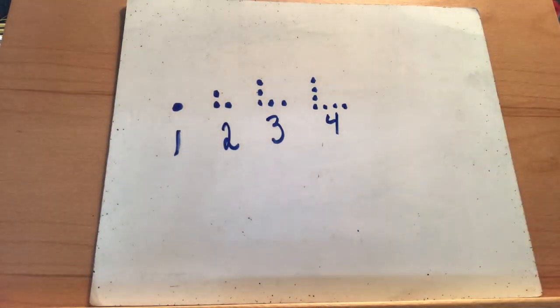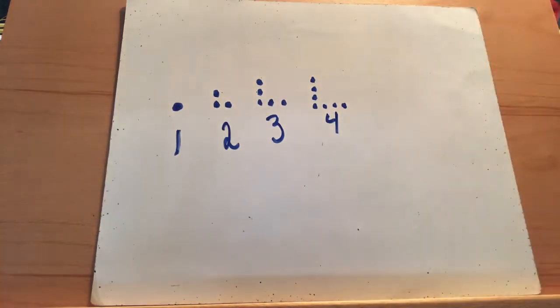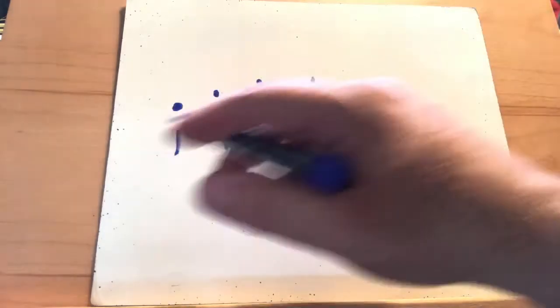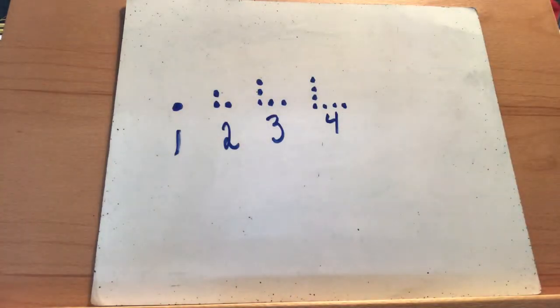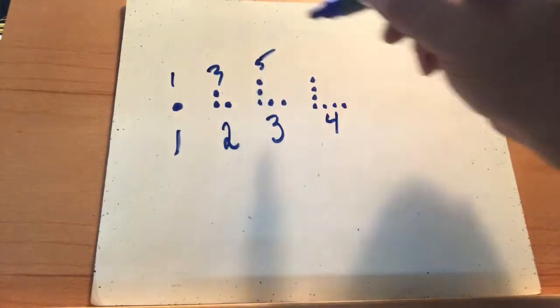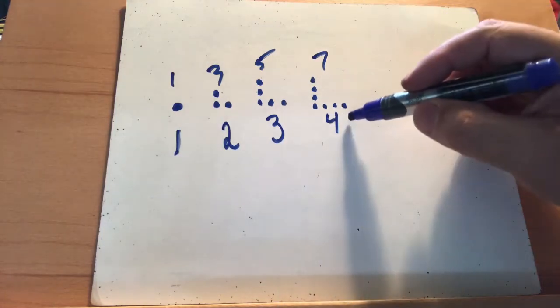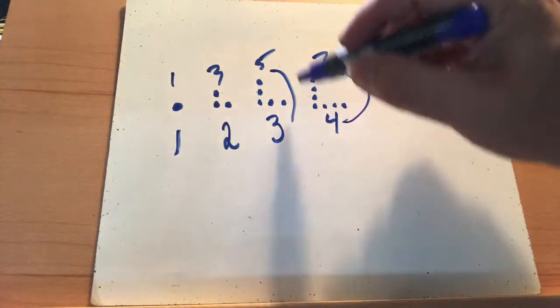Now, of course, there are not 8 dots here. You can count them. 1, 2, 3, 4, 5, 6, 7. The question is how can we look at this and come up with number patterns, etc. Maybe we can just determine a relationship between this number and that number by just looking at the numbers.